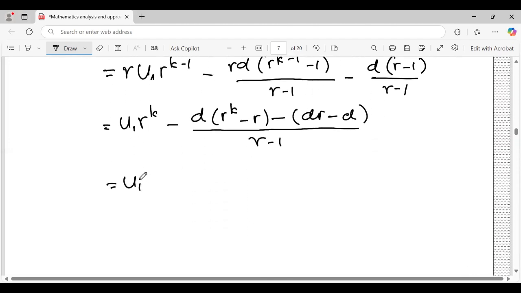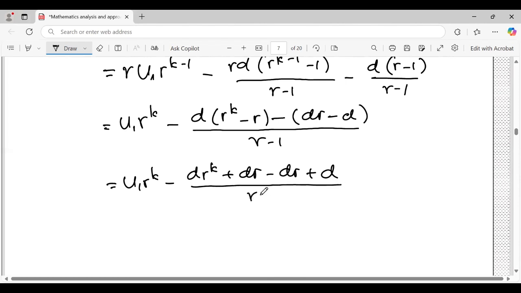It's going to be u1 r power k minus, I would like to write, to calculate, multiply plus dr minus dr plus d over r minus 1.